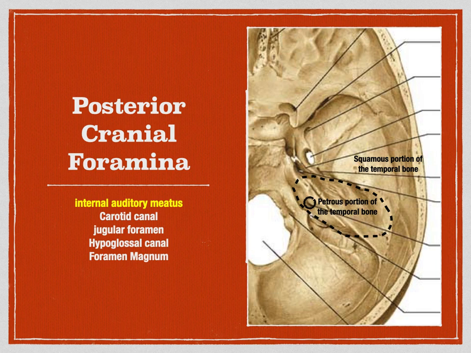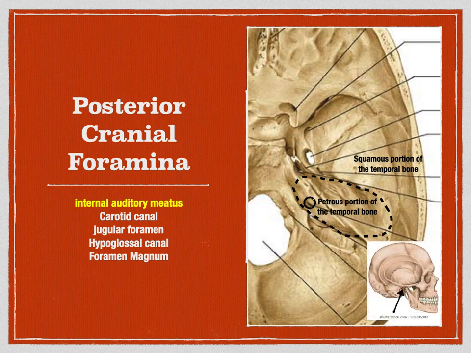Let's think about how that hearing situation would work. On the outside of that skull, where we can't see it, is of course the external auditory meatus, the passageway that allows sound to enter the hearing apparatus. So sound comes in from the outside into the hearing apparatus in the temporal bone.